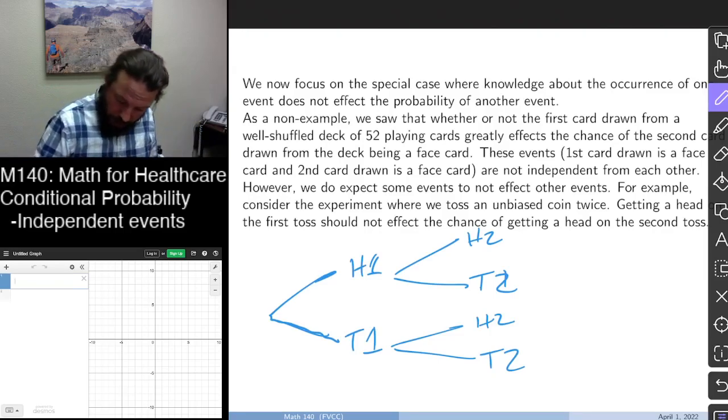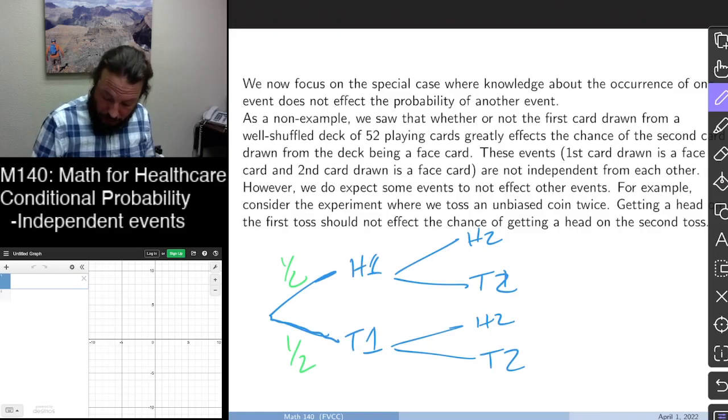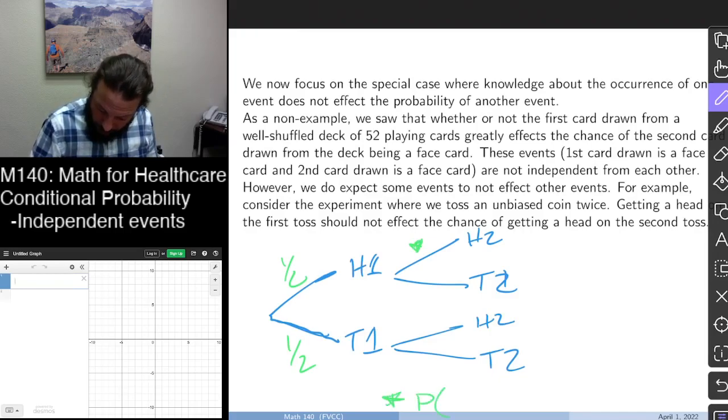All right, now here, certainly the probability of getting a heads is 1/2. Fair coin, of course, 1/2 for tails. Now notice here, let's see where I have this star, right? That star is going to be the probability of a heads second, since I'm already at heads 1, given a heads first.